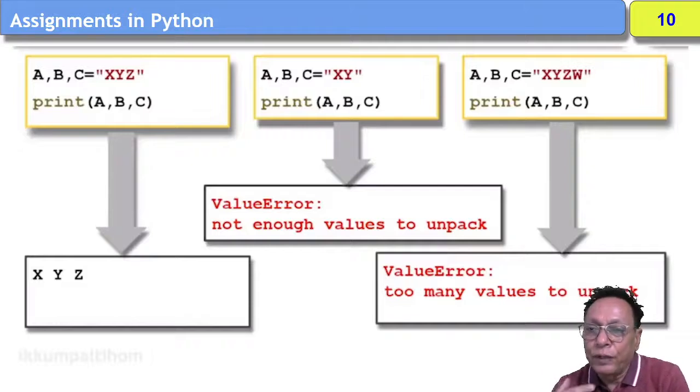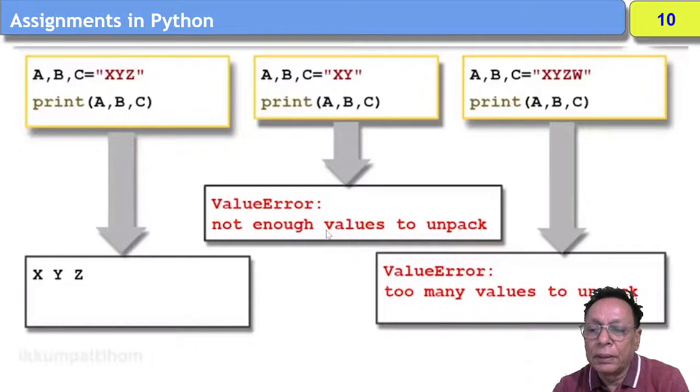When you execute this statement, it will definitely give an error. Why? Because this is a value error: not enough values to unpack. A will have X, B will have Y, and what does C have? There is no value for C, and that is why it says value error, not enough values to unpack.